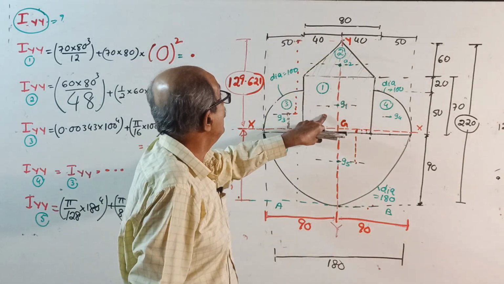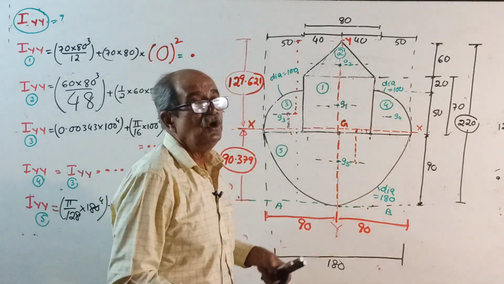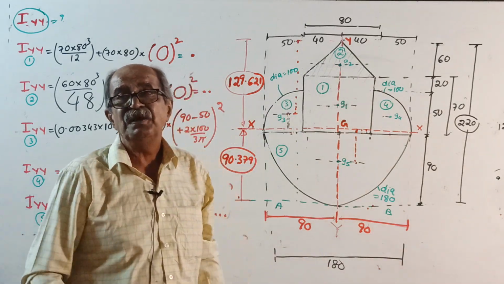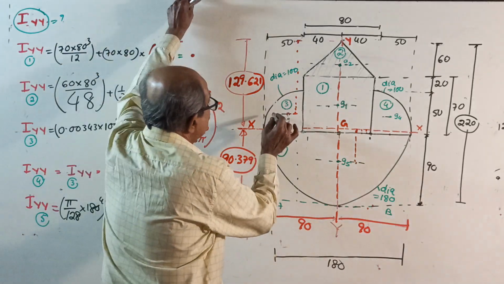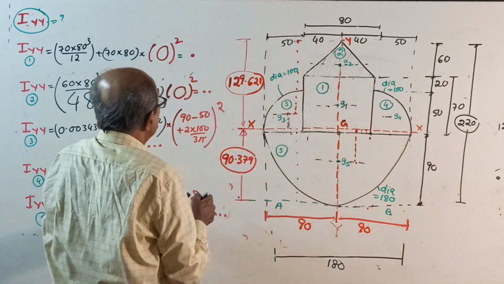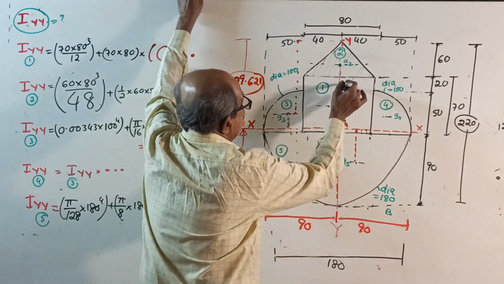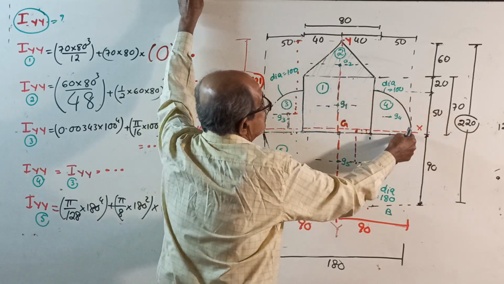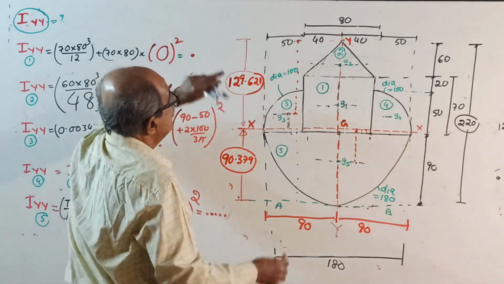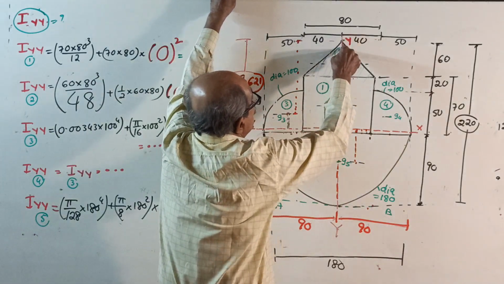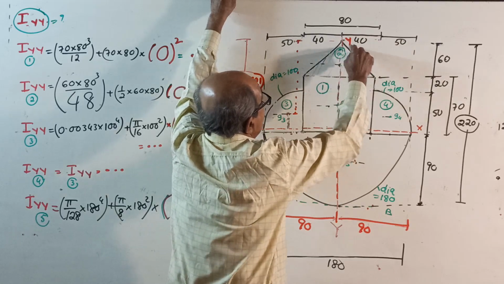Therefore, for 1 and 2 and 5, once you write IG plus area into 0 square. Only for 3 and 4, distance will be there. Start. First, I about its own centroidal axis: 70 into 80 cube by 12 plus area into 0 square. Here, I about its own centroidal axis for the full triangle.